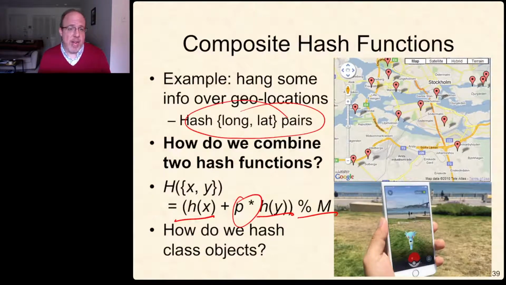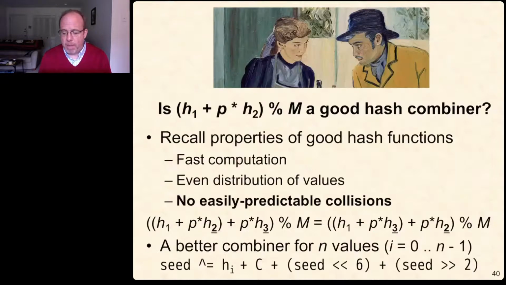Now the question is, does that generalize to larger objects? It doesn't generalize in the easy, straightforward way by just multiplying some things by p and other things not. Remember, our good hash functions have to be fast, they have to provide even distribution of values, and they have to not provide collisions commonly.